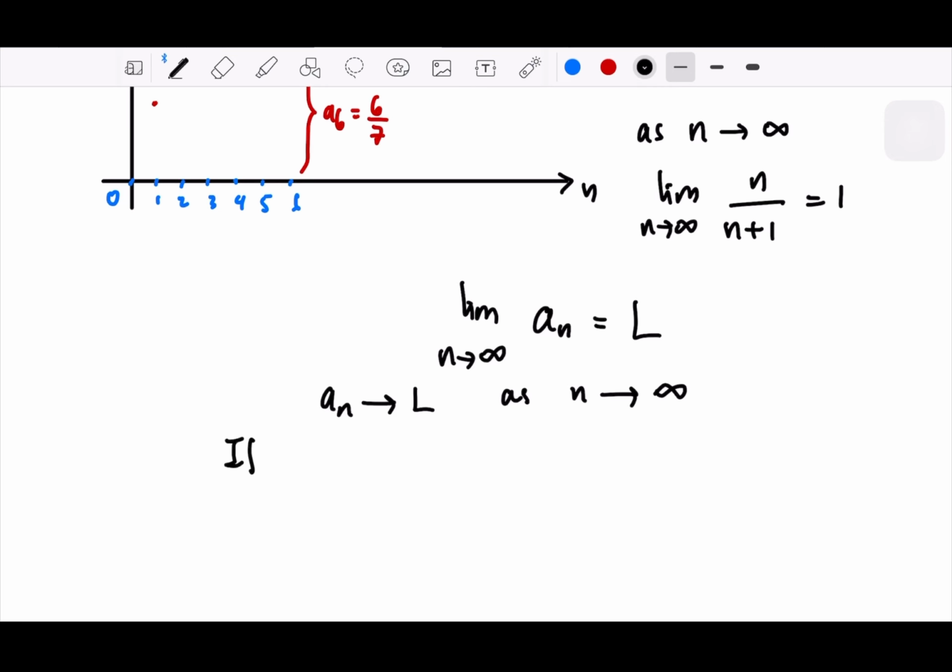And if the limit exists or has a value, we say an is convergent or converges.